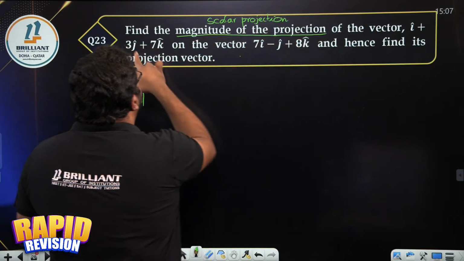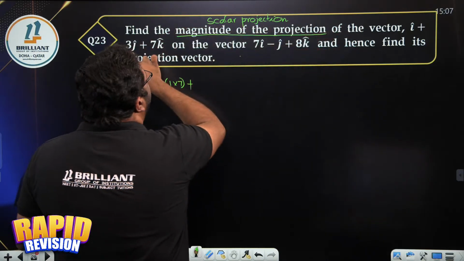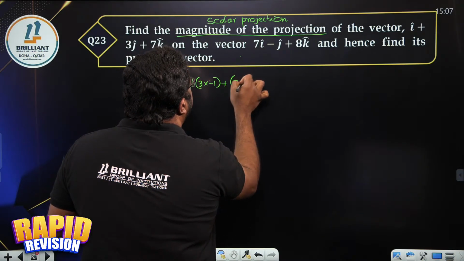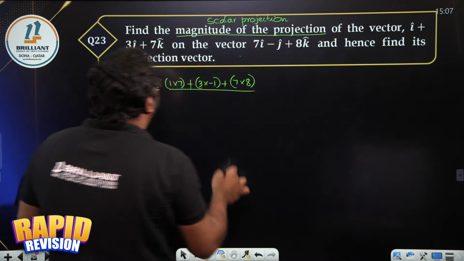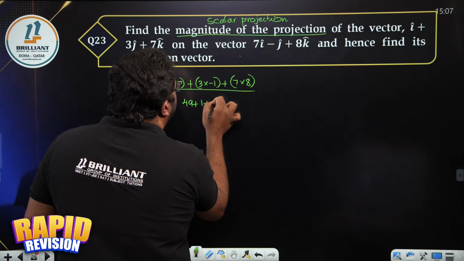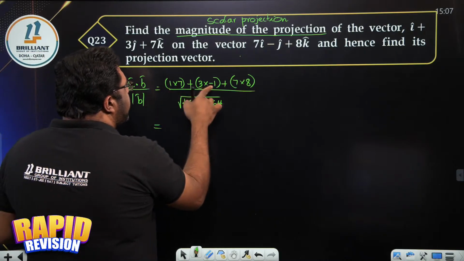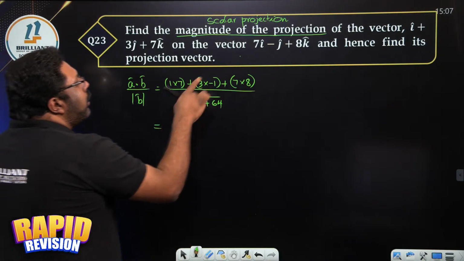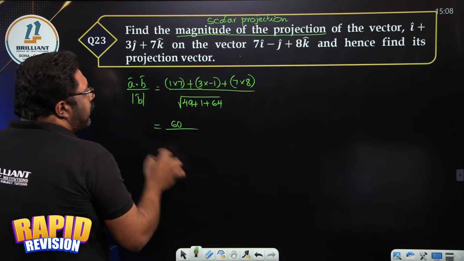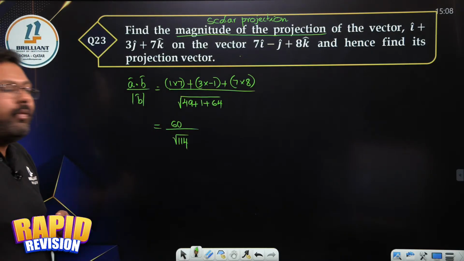Dot product between the vectors: 1 into 7, then 3 into minus 1, 7 into 8, divided by the magnitude of the second vector, root of 49 plus 1 plus 64. 7 minus 3 is 4, 4 plus 56 is 60, divided by root of 114. 60 divided by root of 114.